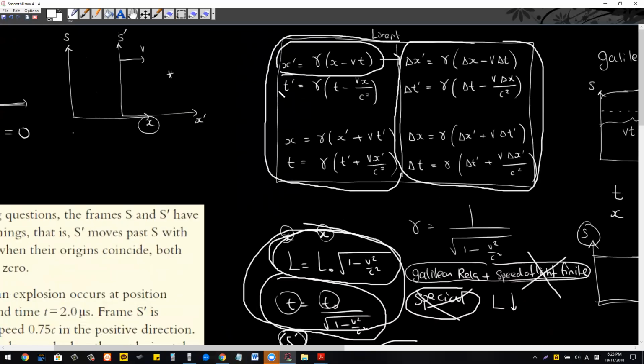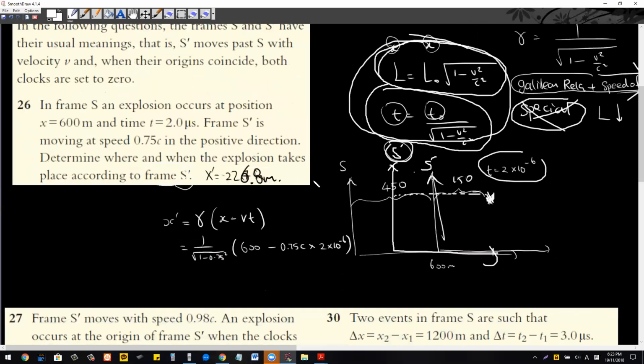But now you just have to use this formula: T dash is equal to gamma times the time according to frame S, minus the velocity of the spacecraft times the position of the event according to frame S, divided by the speed of light squared.